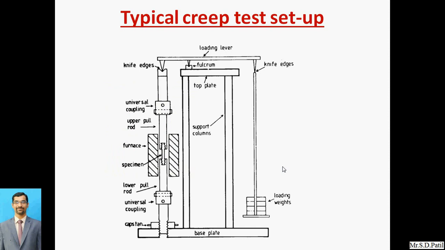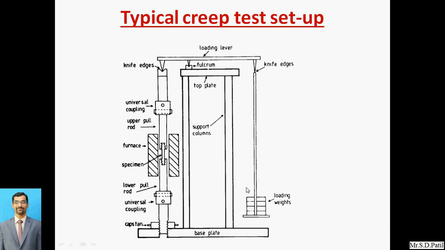This is again a generalized line diagram of how the components are arranged. This is the top plate, this is the furnace we require, this is the component, this is the lower pull rod, this is the universal coupling, and then the loading weights are there.